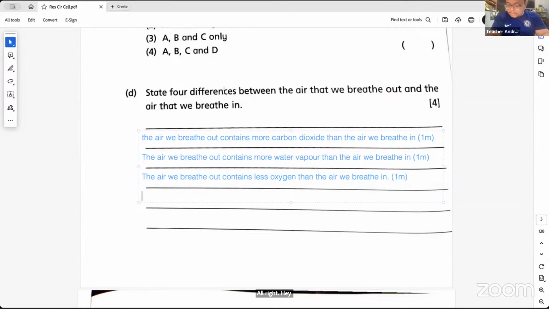And the last one is the temperature of the air we breathe out is warmer than the temperature of the air we breathe in.